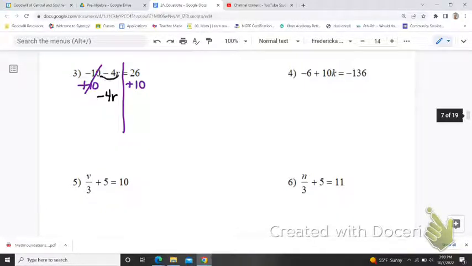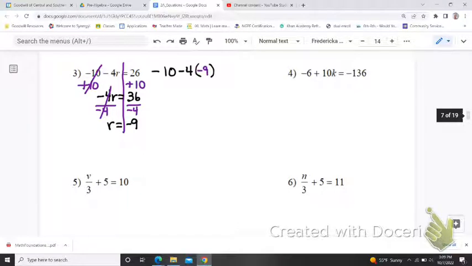Be sure you bring that negative sign down with the 4r. That's equal to 26 and 10 make 36. Then we'll divide by negative 4. When we're dividing, if the signs are different, the answer will be negative. So I get negative 9.